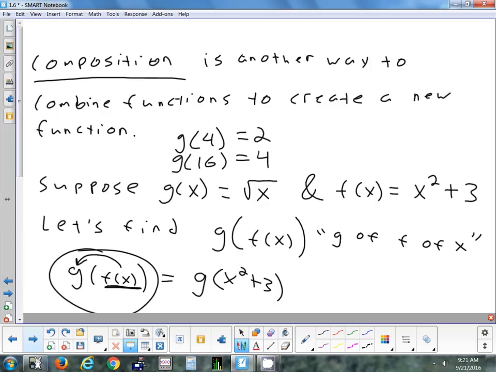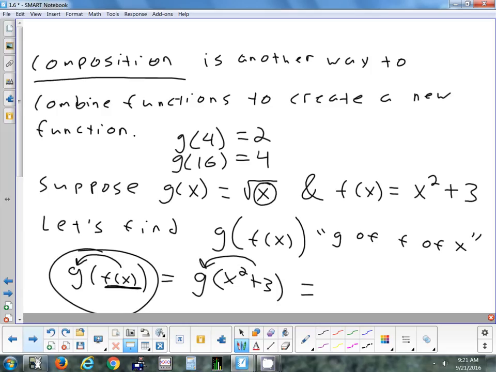So I just changed f of x to what it says f of x is equal to. Now, just like when I had a number, I'm going to take what's in parentheses and plug that into function g. Look at function g. Everywhere you have a letter in function g, change it to what I said to plug in, which is not a number this time. It's x squared plus 3.